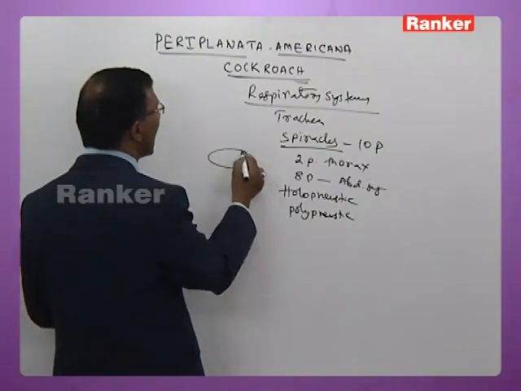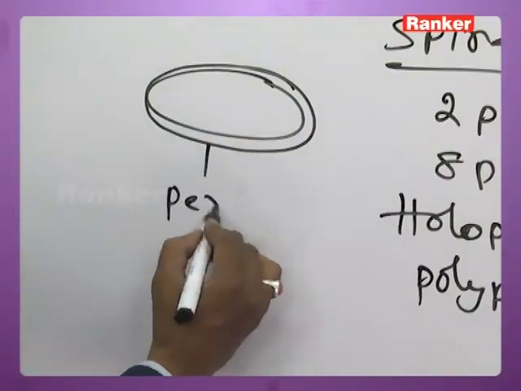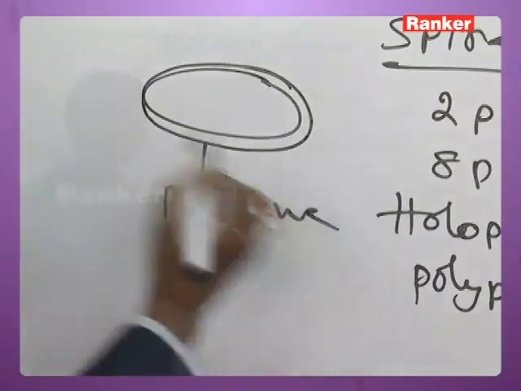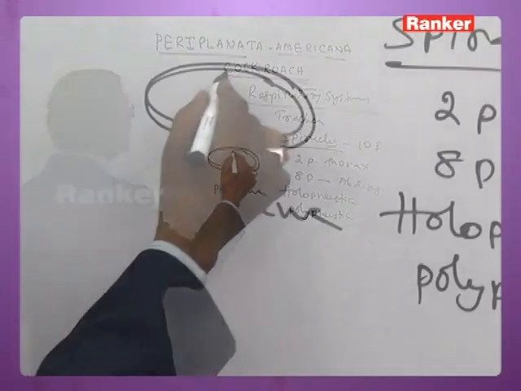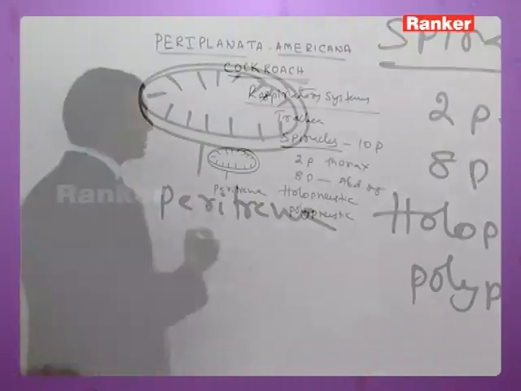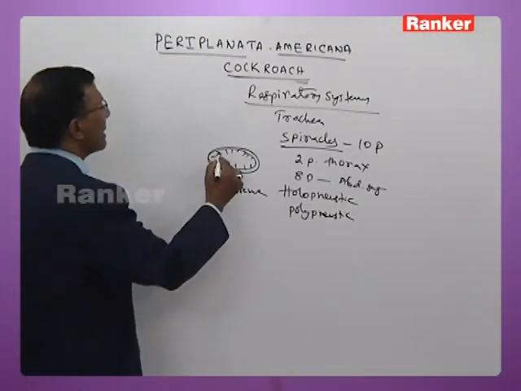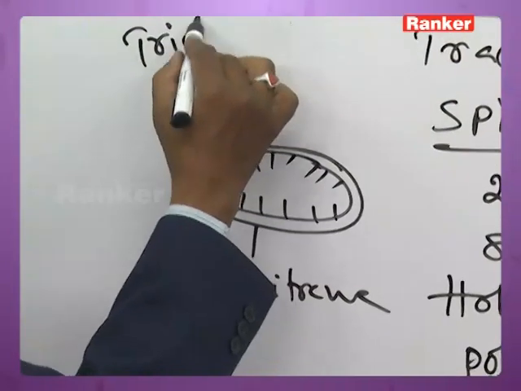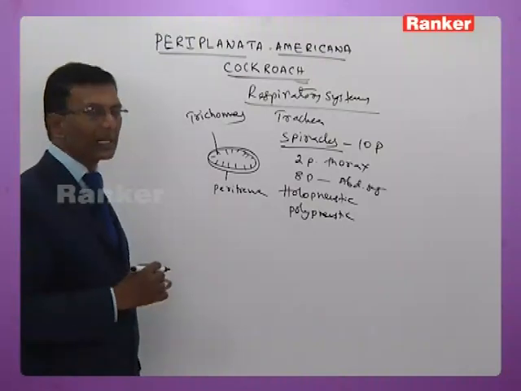Each spiracle is guarded by a chitinous sheath called peritreme, and internally it is provided with several spiracular bristles or trichomes to prevent entry of dust particles.